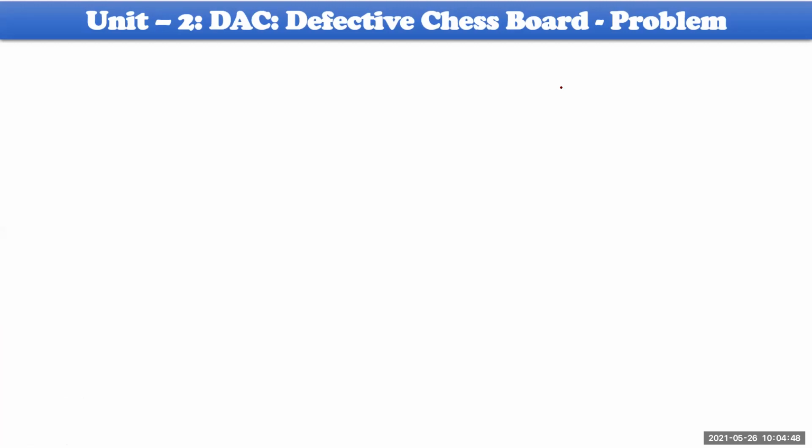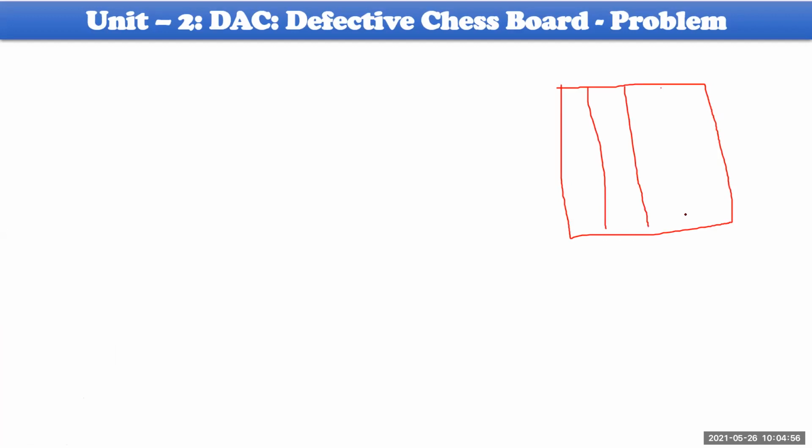For example, I'd like to take some number of tiles here, not exactly 64. Consider this chessboard, and one of the tiles, probably this particular tile, is not supposed to be available.